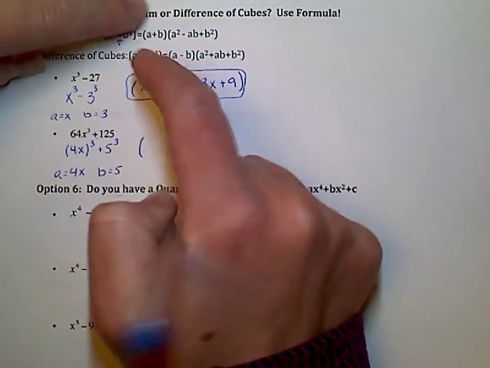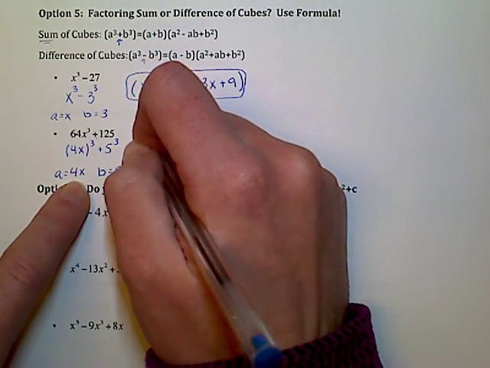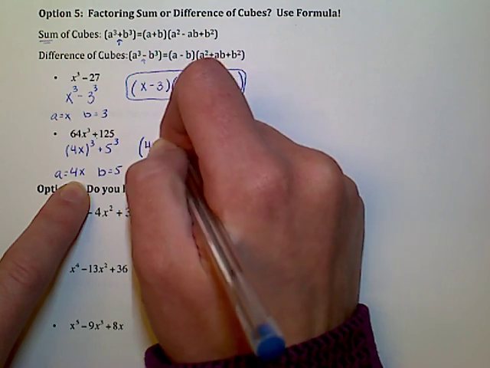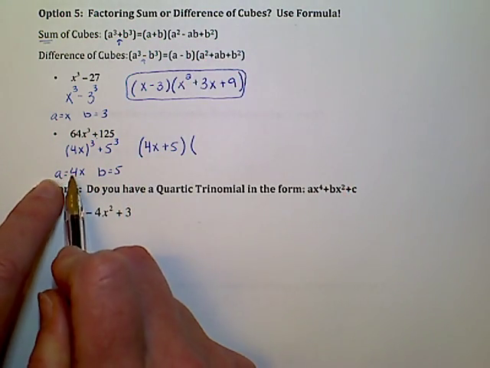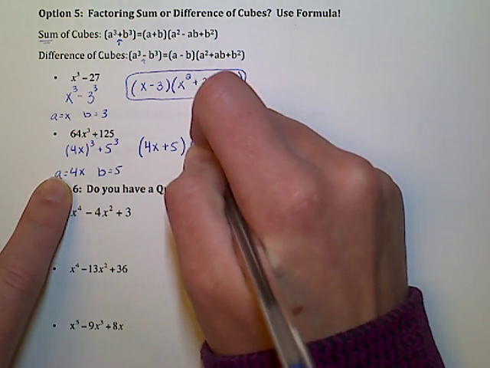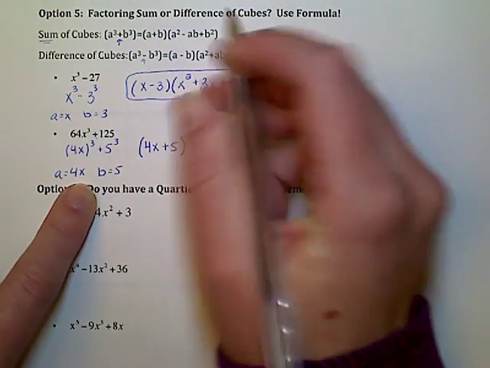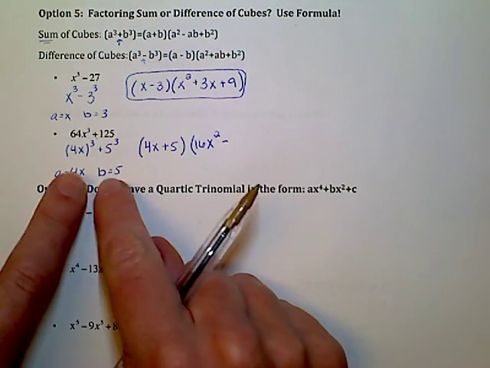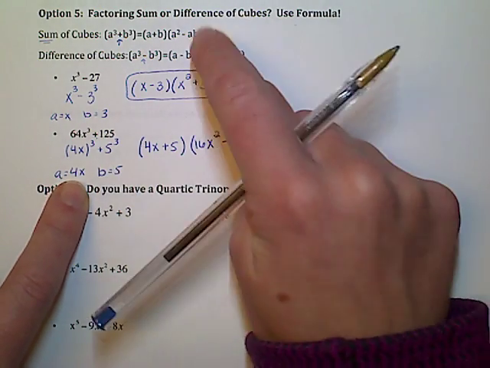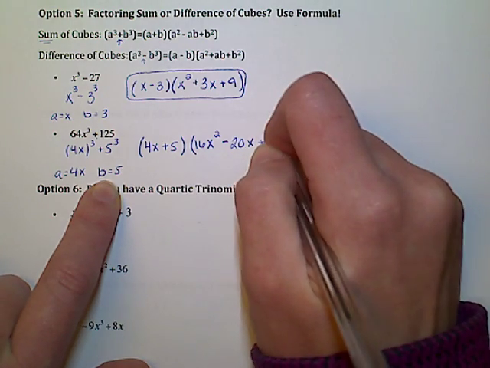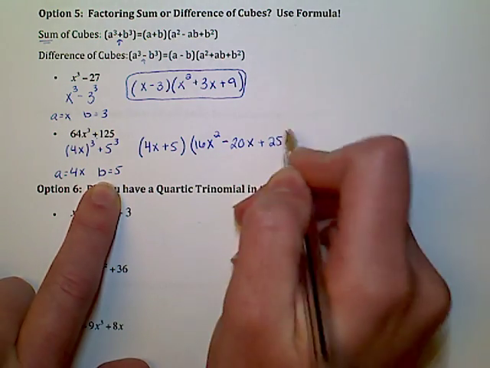The first factor is a plus b, so 4x plus 5, times a squared. If I square the 4 and the x, I get 16x squared, minus a times b, so minus 20x, plus b squared, so that's plus 25. And there you go.